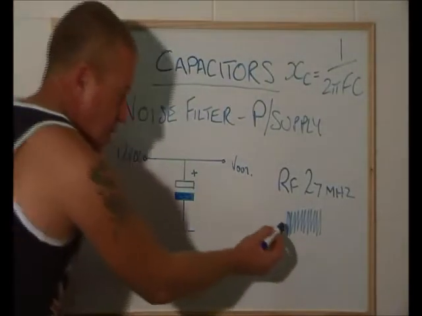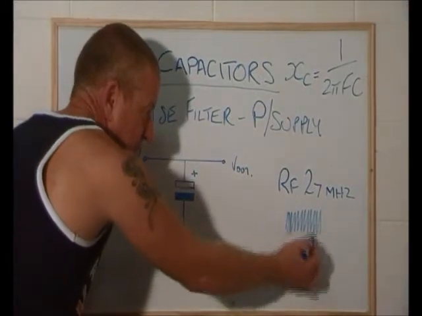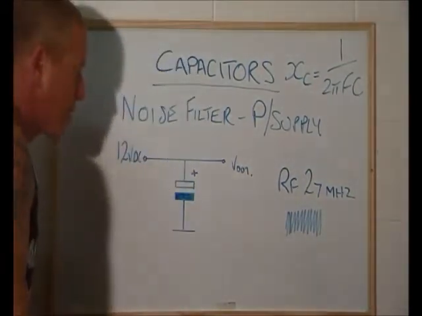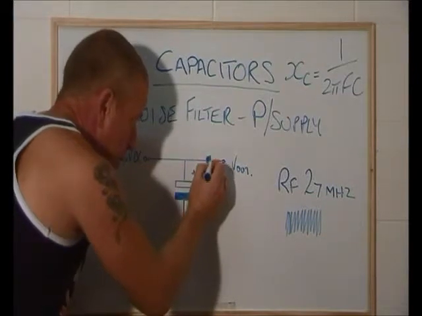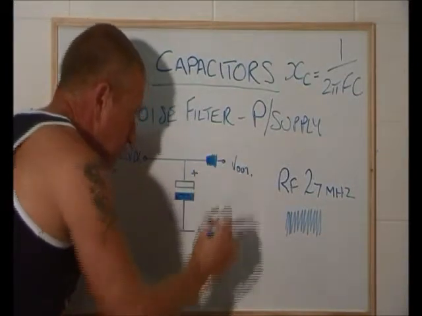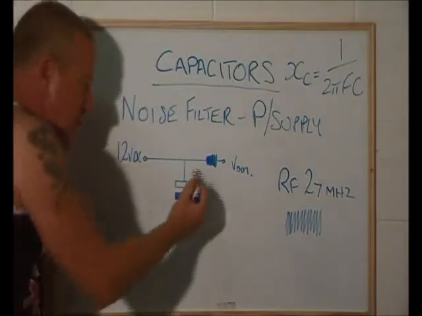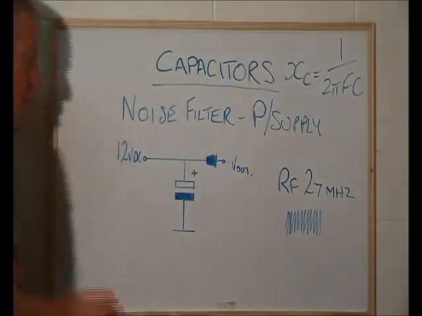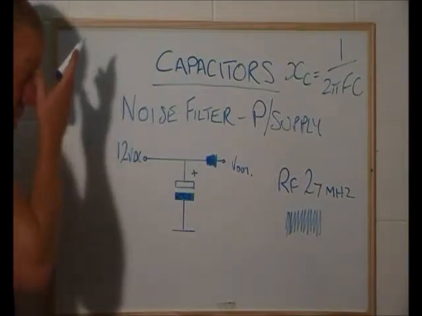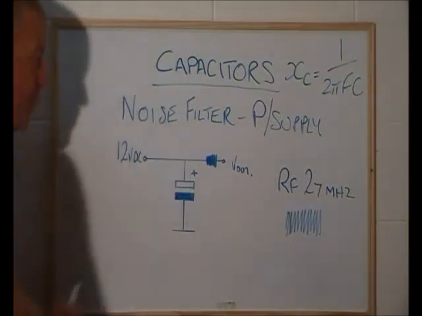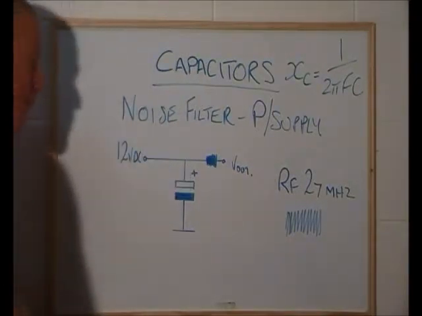So we have 27 million cycles a second sitting on here as hum or noise. These varying levels play havoc with our electronics, so we need a way to get rid of that, or to filter it.